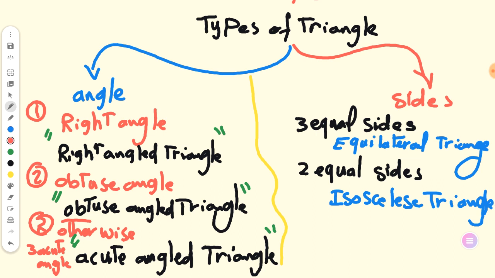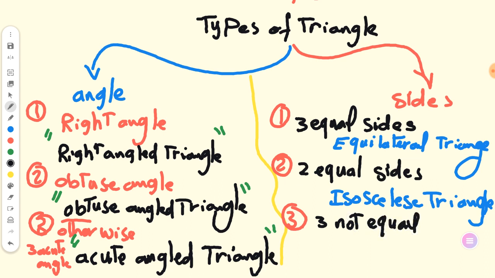So this is number 1, 2, and 3 is if I have three different sides, not equal, all the three sides are different, we call it a scalene triangle.